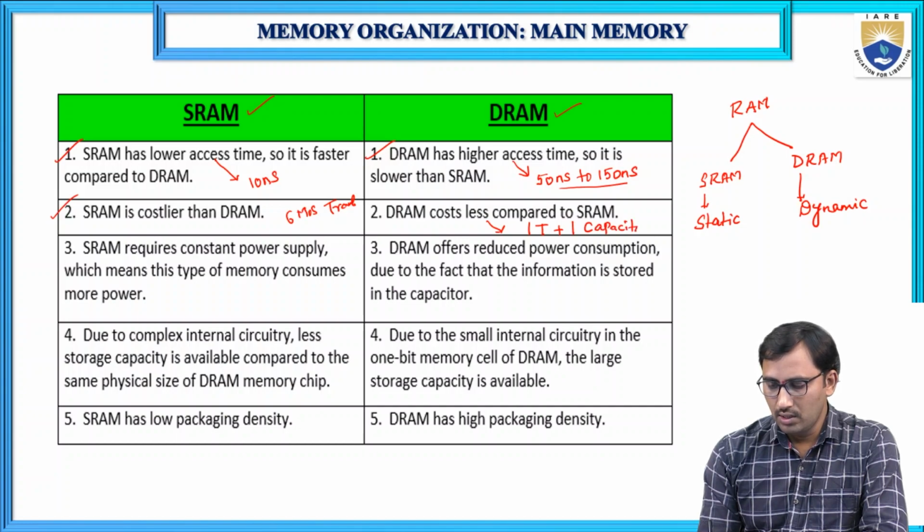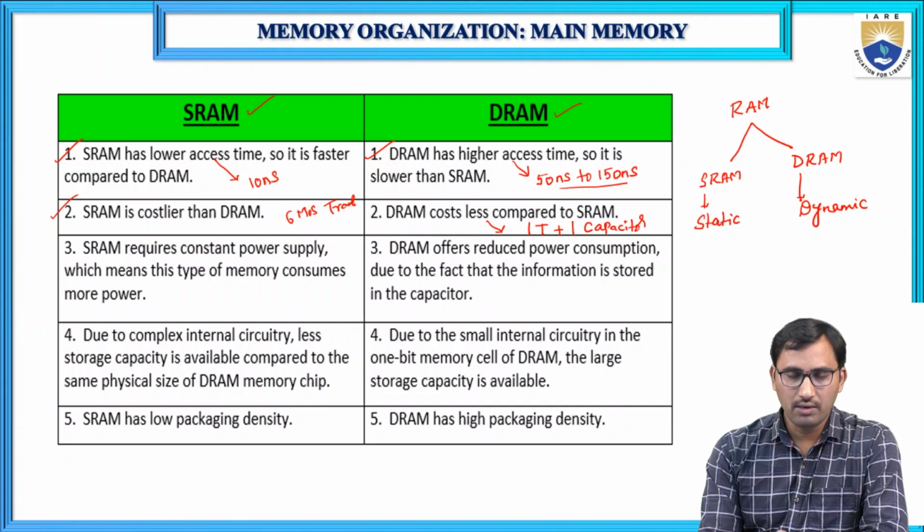So for the construction of the SRAM cell, it requires more hardware. More hardware is directly proportional to higher cost. That means as the hardware complexity increases, the cost also increases.